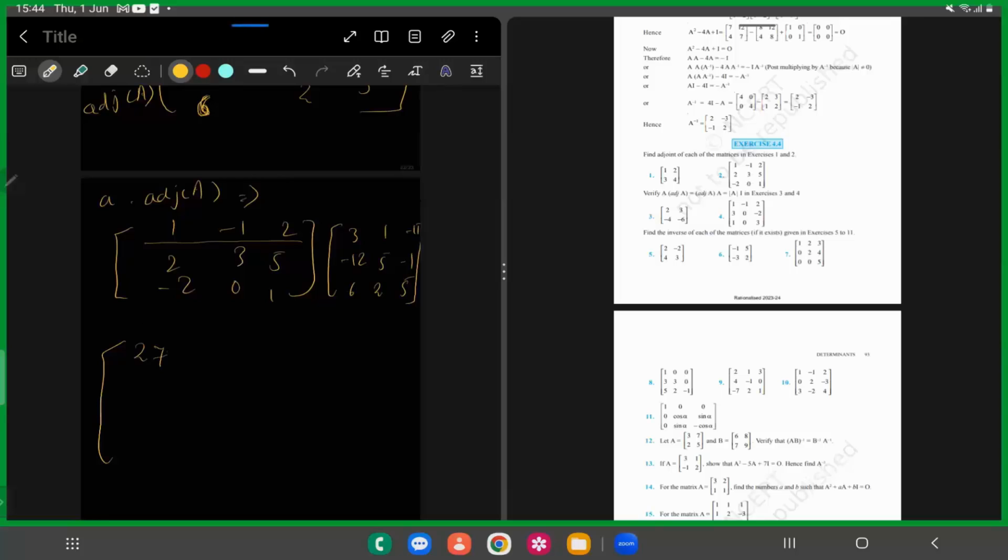Okay, and if you multiply this and this, so this will be 6 minus 36 plus 30. So this will be 0, and if you multiply these two, so minus 6 plus 6, so this will be 0. And if you multiply these two, so 2, 1 plus 4 minus 5.